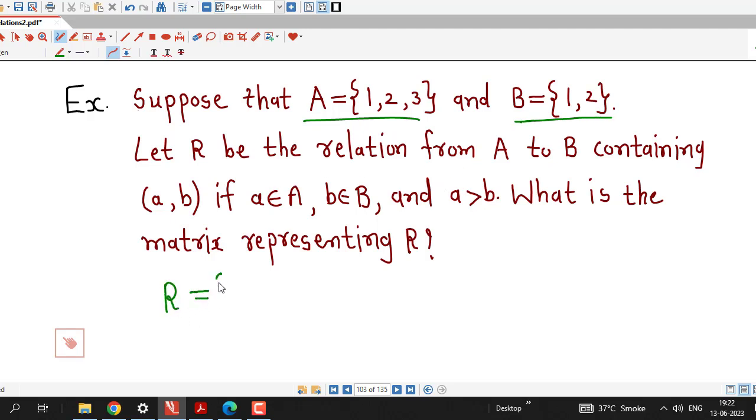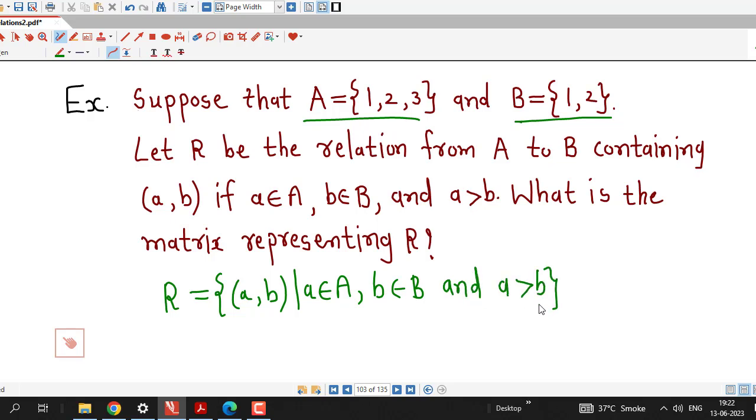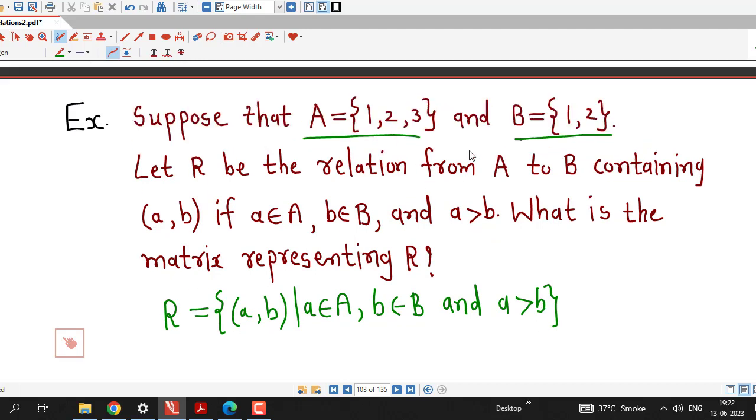We have all those ordered pairs (a, b) such that a is from set A, b is from set B, and the condition is that a is greater than b. R is a relation from A to B, that is, R is a subset of A cross B, and from A cross B we are considering all those ordered pairs for which the first element is strictly greater than the second element.